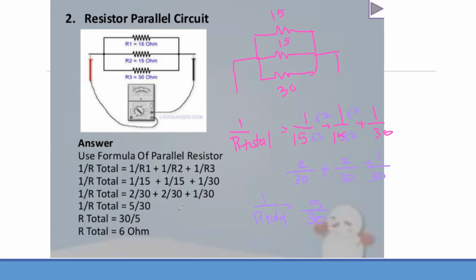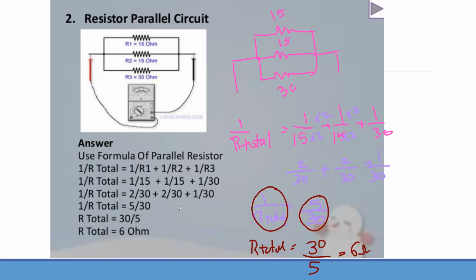So R total will be what? If I write the reciprocal of R total, I have to write the reciprocal of this one, which is 30 over 5, which is 6 ohm. So when you write the reciprocal for this 1 over R total, the reciprocal of it is R total.